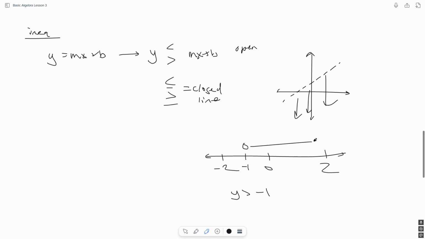And since it's greater than, you're going to the right. If it's less than, you're going this way. If it's equal to, you close the dot and do the same thing. You just have to solve for y in this case, or x, depending on what they give you or what they're asking for.